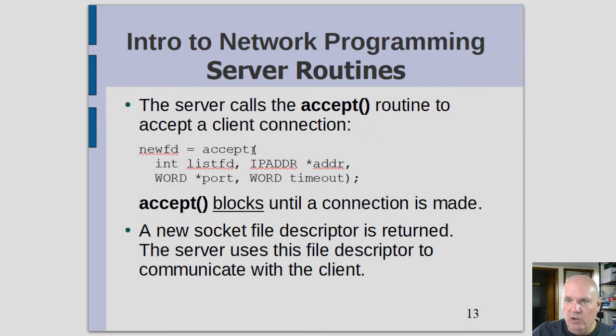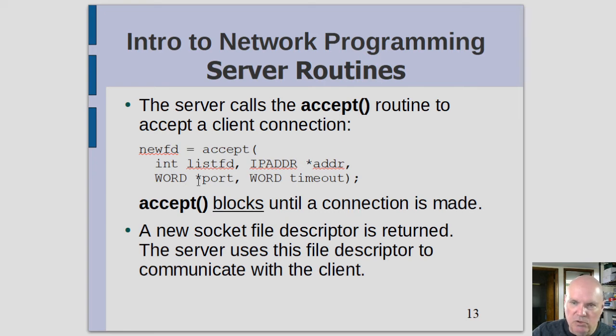And then the server calls the accept routine to accept client connections. Again, this would typically be done inside a loop. The first argument is the listening file descriptor that we get back from our call to listen. And then you can pass pointers to IP address and word data types here to get the IP address and port number of the client.